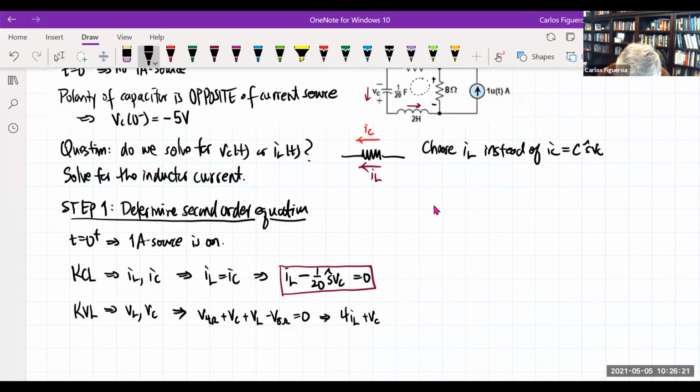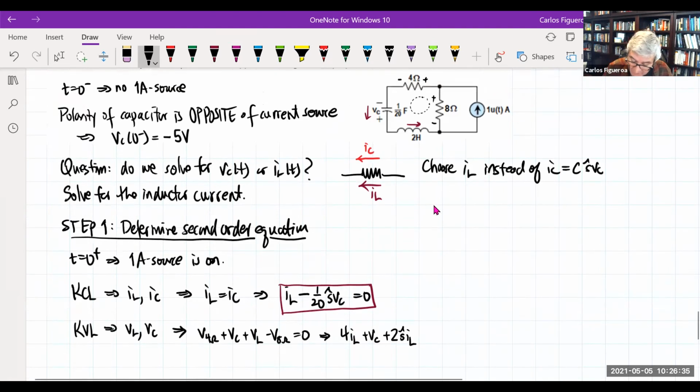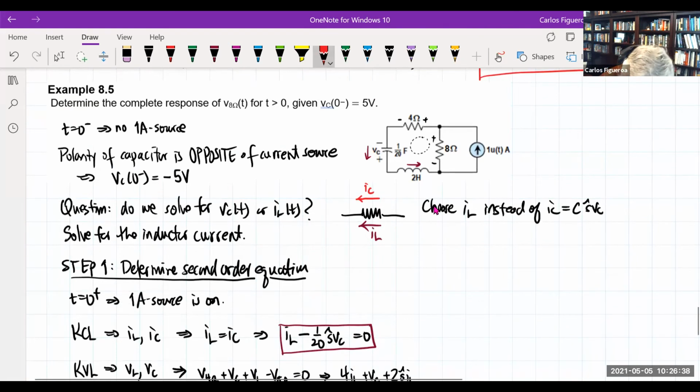I've got my VC. Now look at my inductor here. I have a 2 henry, so this should be plus 2 s hat IL. I've got the 8 ohm resistor here. If I look at the 8 ohm resistor, we already see that I have 1 amp coming in here, and I know that my current coming in this direction is IL.